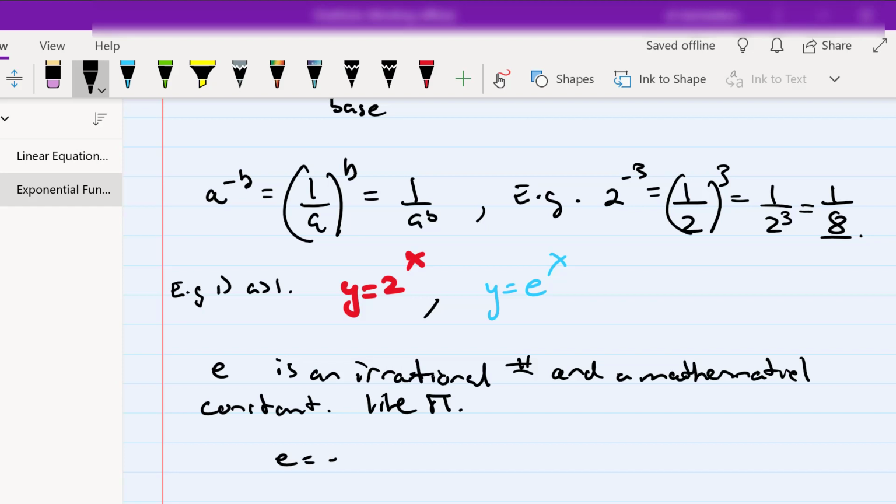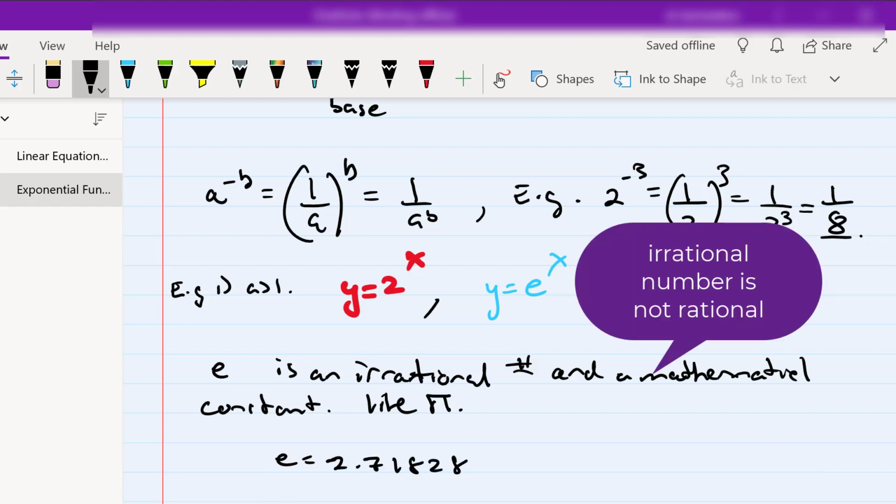And e is defined to be 2.71828 and keeps going.